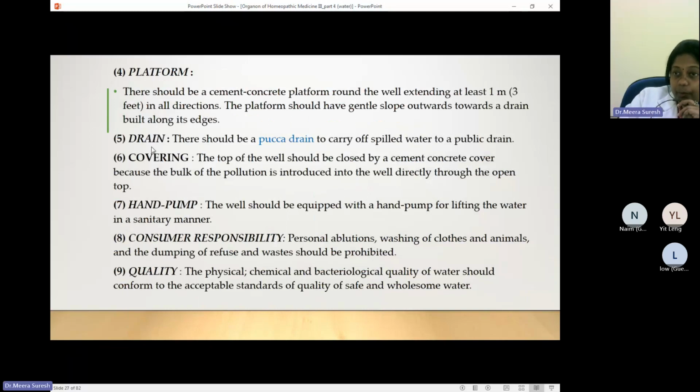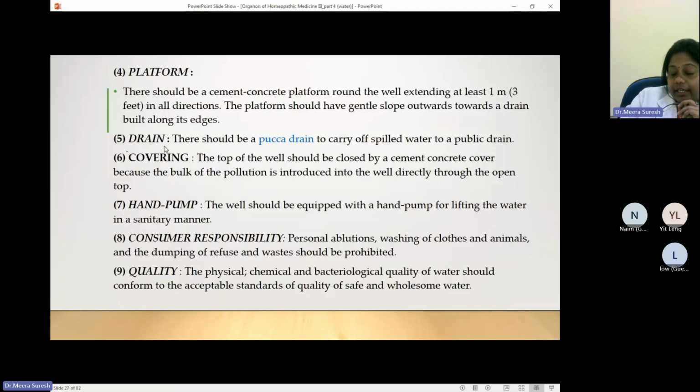The second one, there should be a drain, a pipe or something like a pakka drain, made of cement, which is nicely built. There is a term you can see, pakka and kacha. Pakka means something that is made of cement, masonry, etc., very strong. And if it is not that strong, made of mud, clay, etc., it is called kacha.